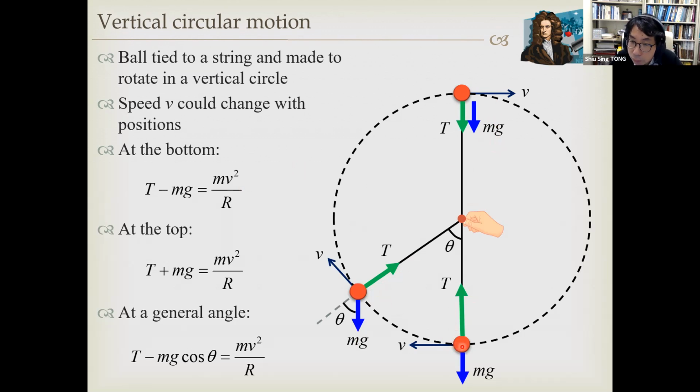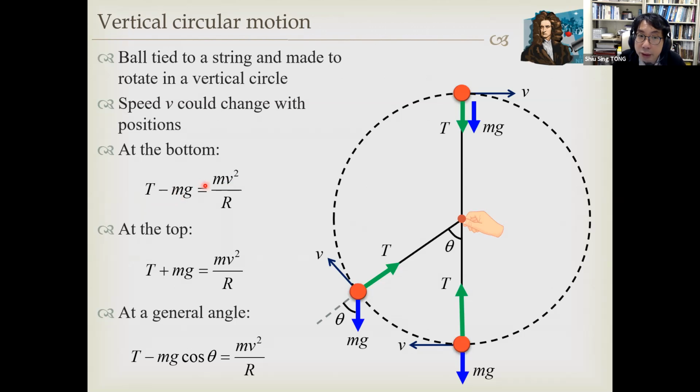Now at the bottom, when the bit is at the bottom, the tension and the weight are in opposite directions, right? The tension is pulling up, the weight is down. But since the body is now in vertical circular motion, it must have a centripetal force. And the centripetal force is given by the net force, which is T minus mg.